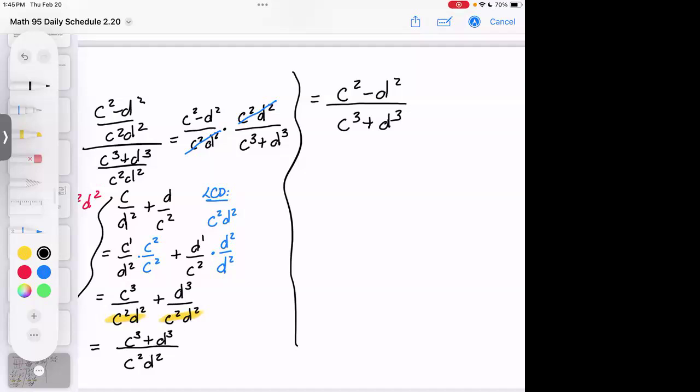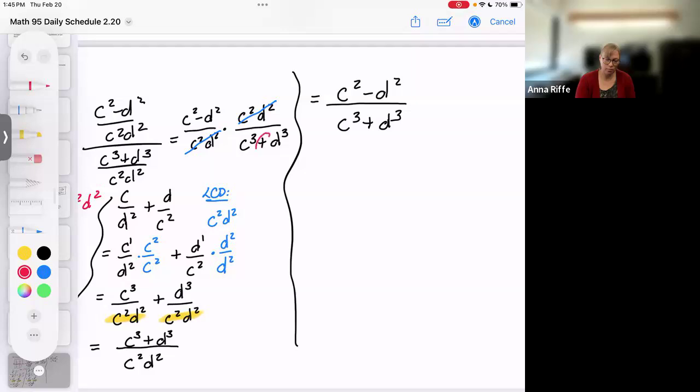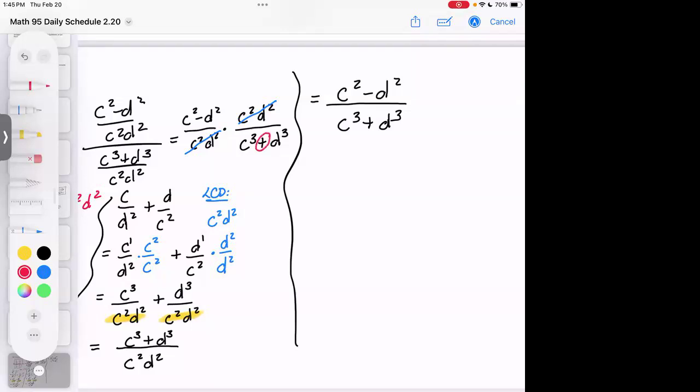Quick question. On the bottom where it's cubed, why would you put a plus sign? Because it was already c cubed over d cubed. So why would you put a plus sign there? So here, c squared minus d squared over c cubed plus d cubed. Why would you put the plus sign in between there?